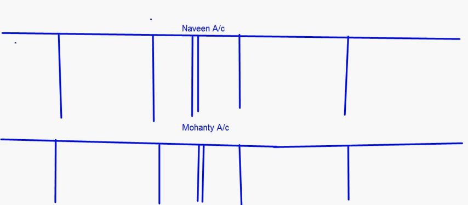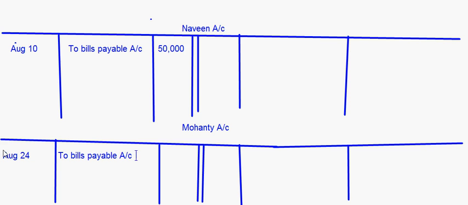So here you will put the date. I think it was August 10th, so here you will write to bills payable account, 50,000, and in this case it is August 24th. You'll write to bills payable account 75,000. So these are the accounts of the drawers, the persons from whom you have purchased the goods.